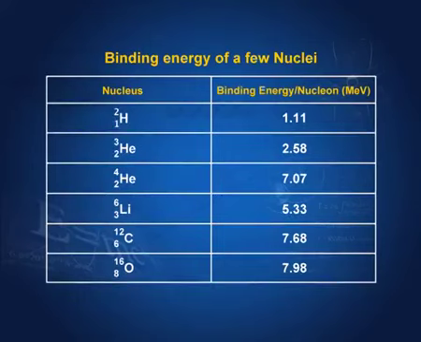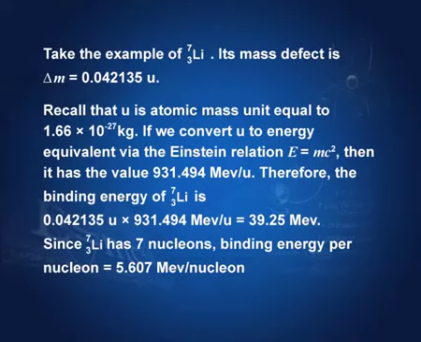If you want to find the total binding energy, multiply by the number of nucleons. In this case, for example, the number of nucleons is 16, therefore, the binding energy would be 16 times 7.98 MeV.